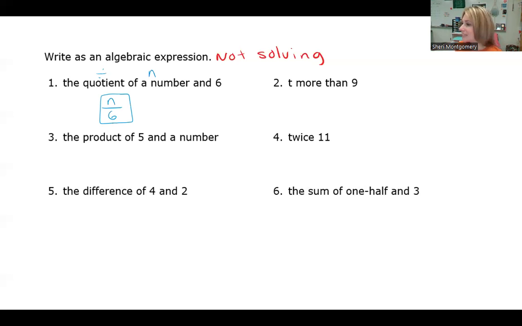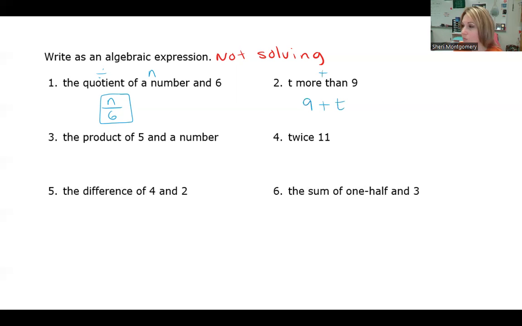Question 2, it says T more than 9. You have to be careful, and it's not as important when you're doing addition, but it certainly is when you're doing subtraction. But the only way that you can have more than something is that you had to have something first. So you have something, and then more than is going to be plus. So T more than something means to be plus T at the end, and you're starting with 9.